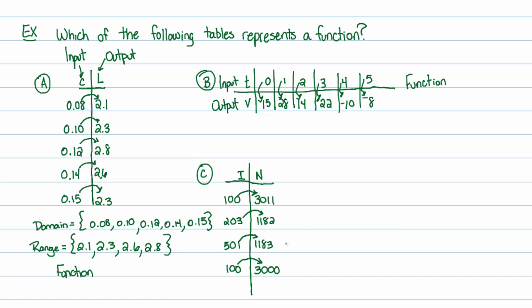But wait a second. 100 is leading both to 3011 and to 3000. So it's like walking up to a machine and saying, if I plug in 100 to this machine, what do I get? And you can say 3011 or 3000, either one or the other. Well, once you have that option, it's not a function anymore.